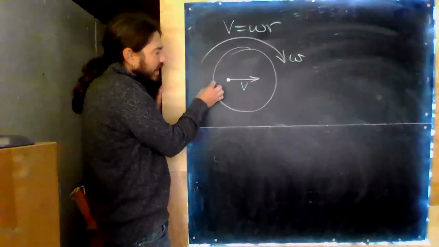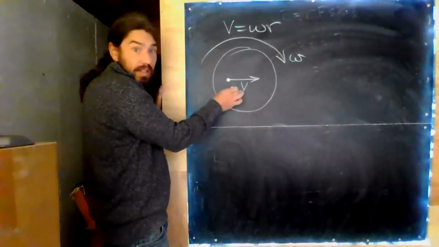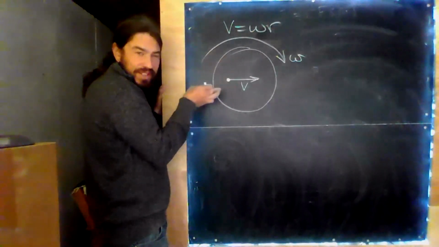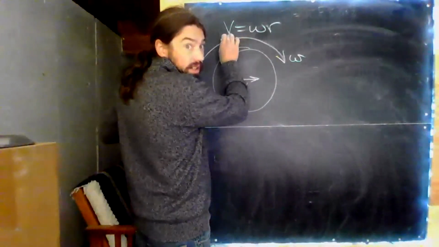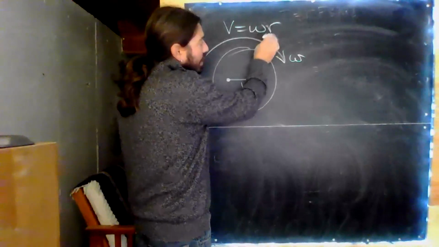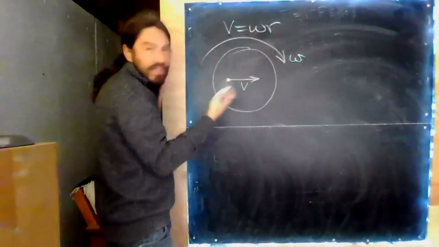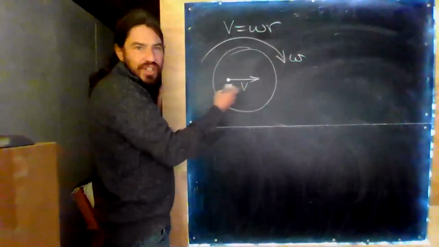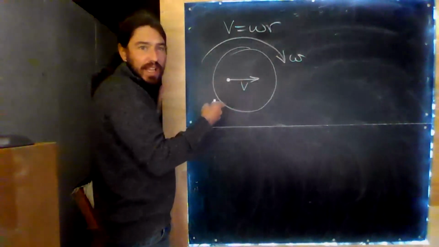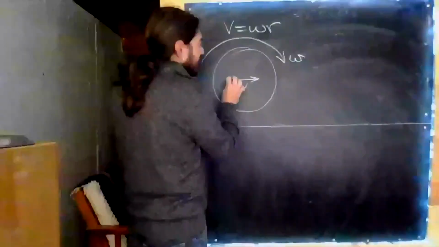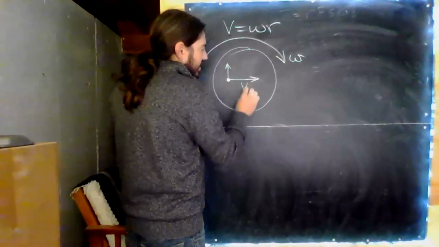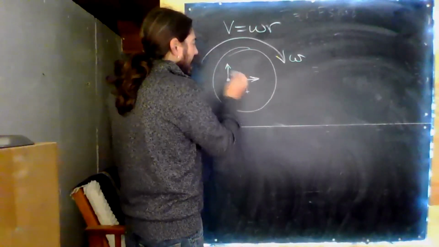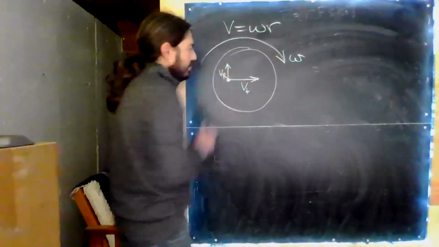If it was a point right on the rim, it would be going v. But it's not on the rim, it's closer to the center. And remember that v, the velocity of a point on a wheel, is equal to omega times r. So let's say that this is halfway between the edge and the axle, in which case this would be v over 2. This is the translational component, and this would be the rotational component.